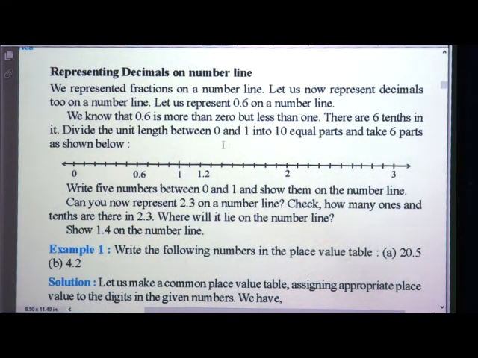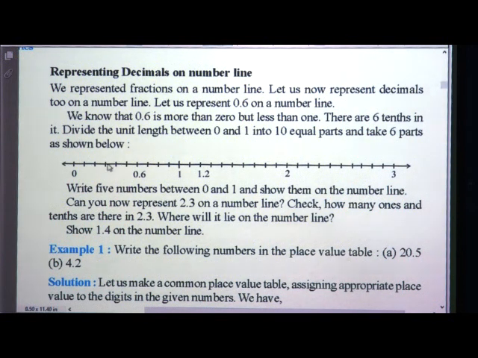From 1 to 2 also we have 10 equal parts, and 2 to 3 also. So let us start. Here it is 0, 0.1, 0.2, 0.3, 0.4, 0.5 and 0.6. So we represented 0.6 on a number line.